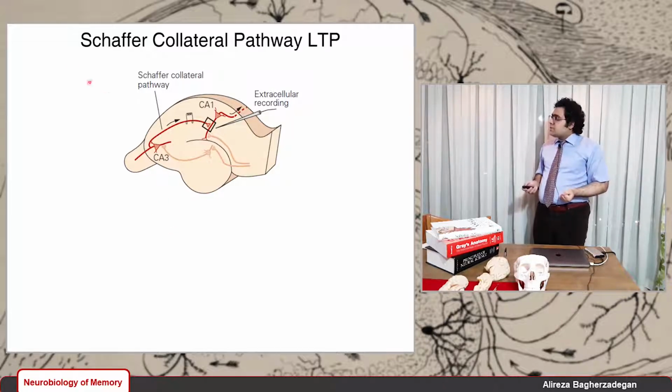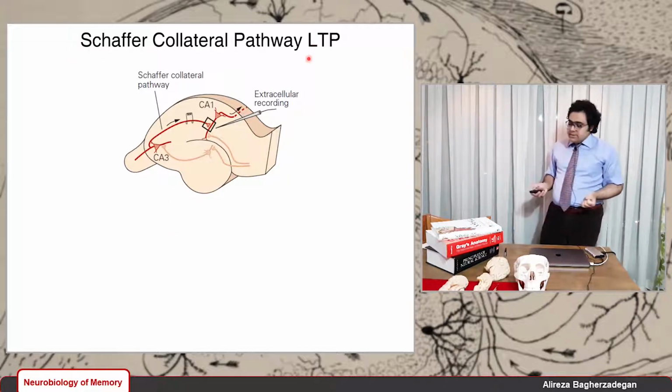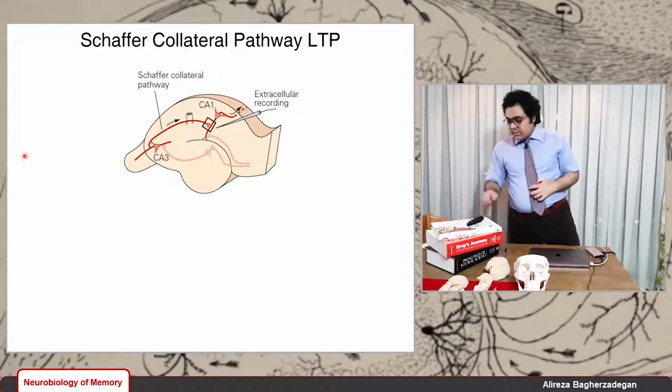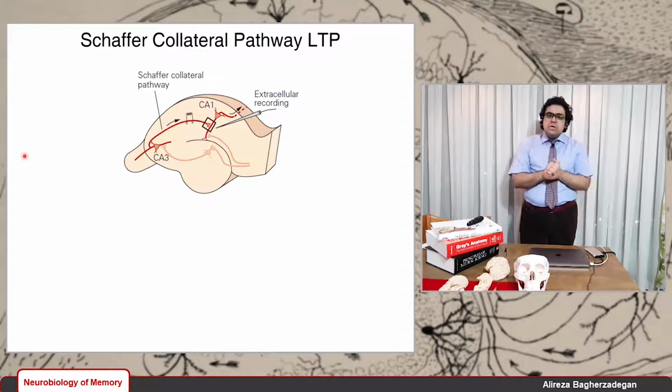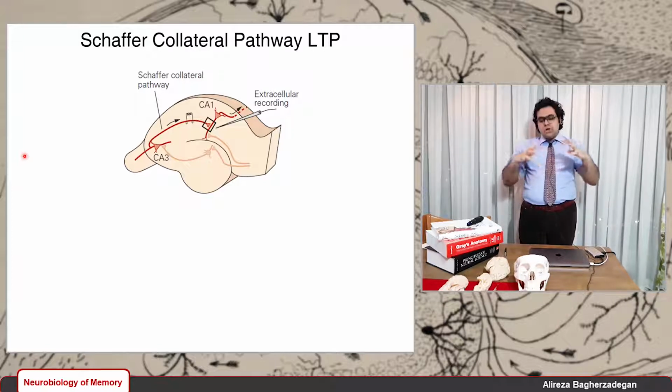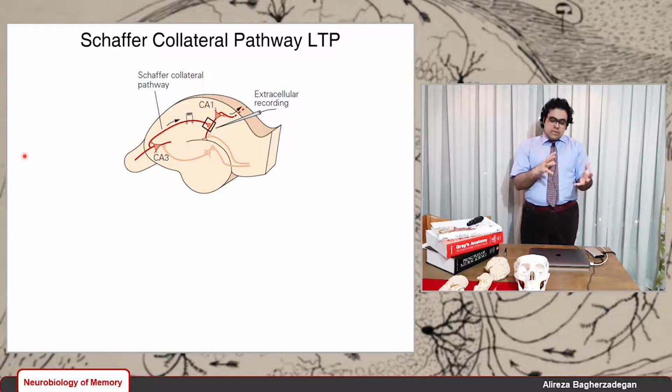So this is the Schaffer collateral pathway, LTP. Before talking about this, let's talk about LTP, as I didn't introduce LTP. Well, LTP, long-term potentiation, is all about those long-lasting changes in the strength of a synapse. So I already explained this.